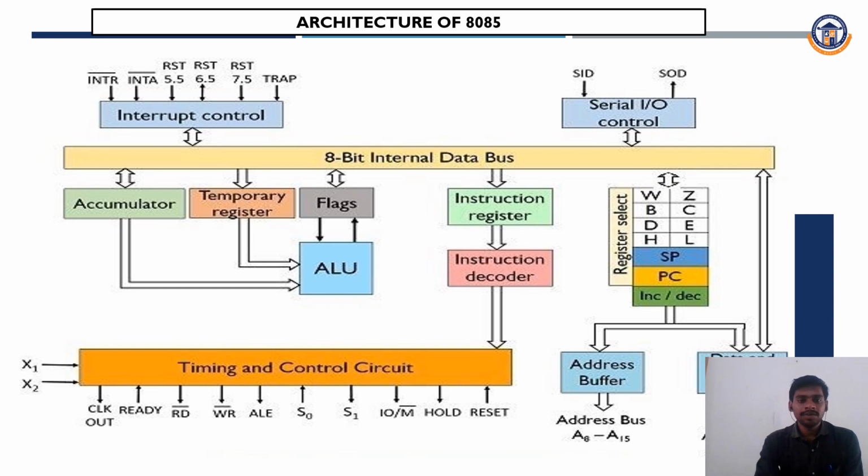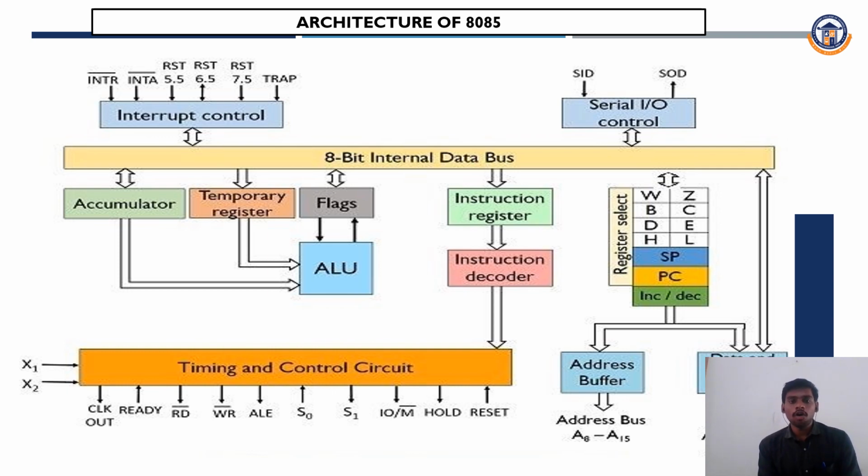First we talk about the interrupt control. The interrupt control is based on the interrupts. For example, if you are playing a game on your mobile phone or watching a video on YouTube and someone makes a call, the priority goes to the interrupt, so the call will pop up.